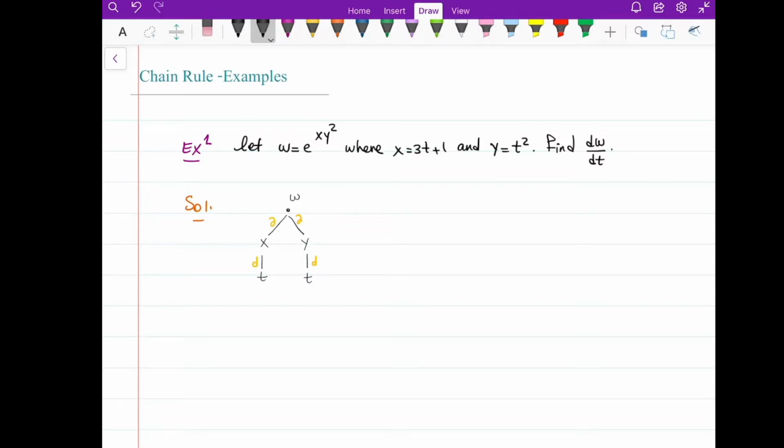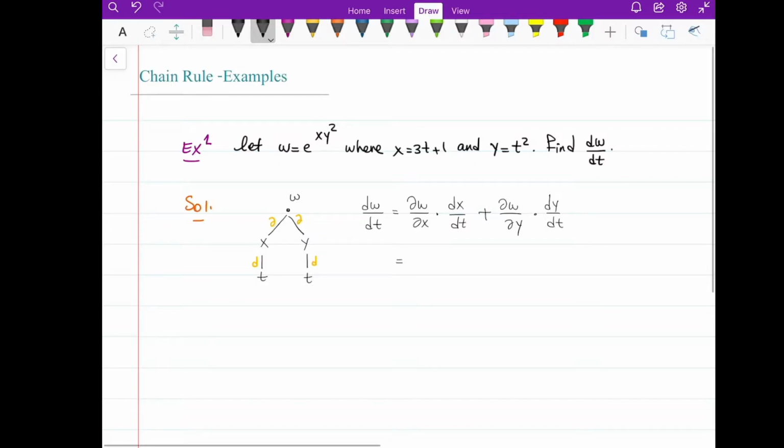So I have dw/dt. I can go along this path to t, so it would be the partial of w with respect to x times the derivative of x with respect to t, plus I can go along this path, which is the partial of w with respect to y, and then dy/dt.